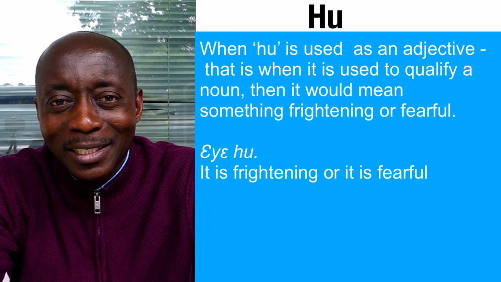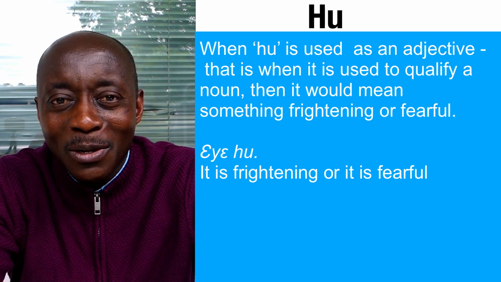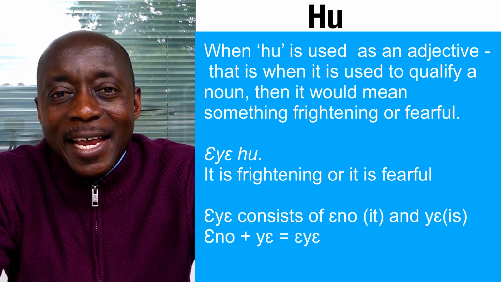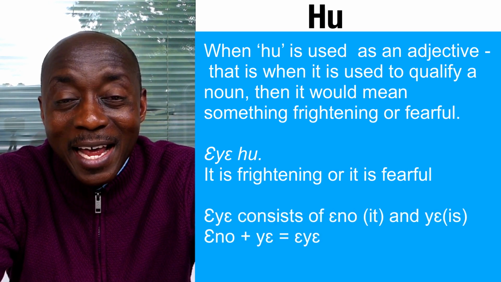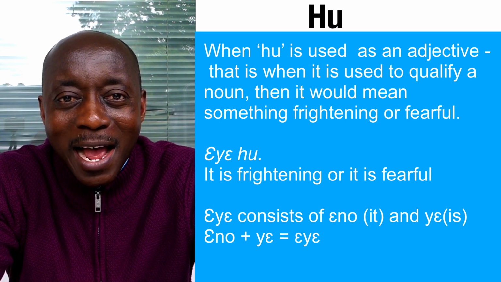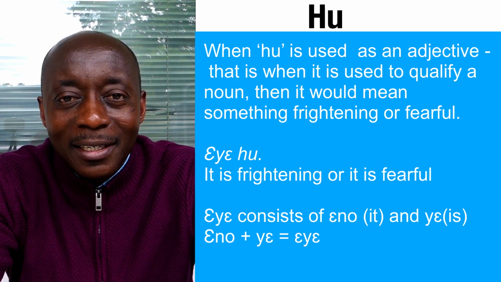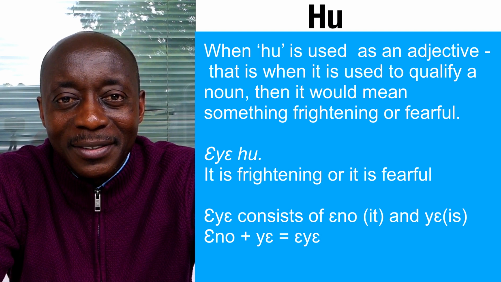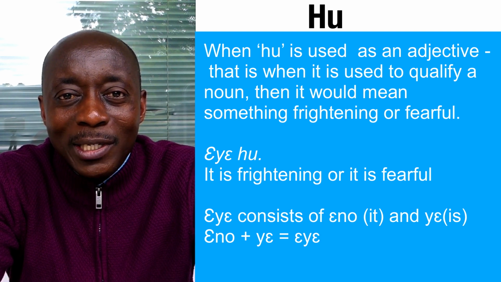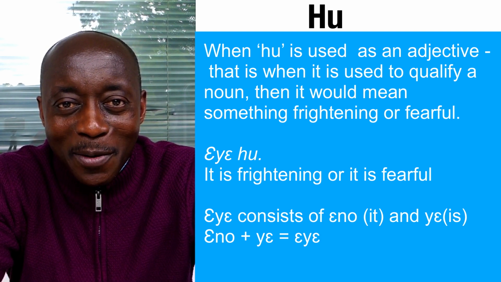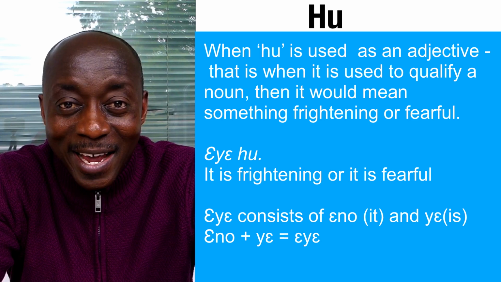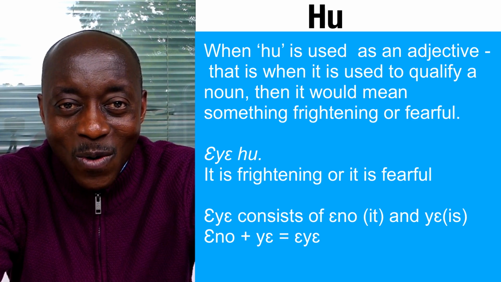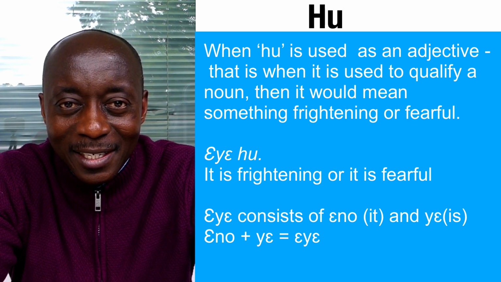And there's one thing that you also have to take notice of. The eye that you see consists of a pronoun and a verb. The pronoun is eno, that is it, and then the verb ye, which is is. So it is.